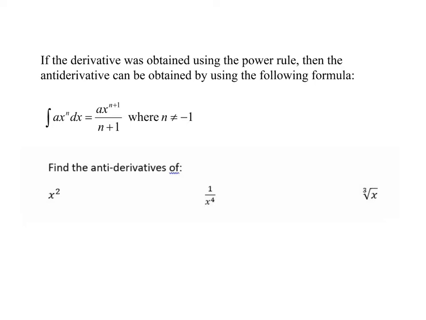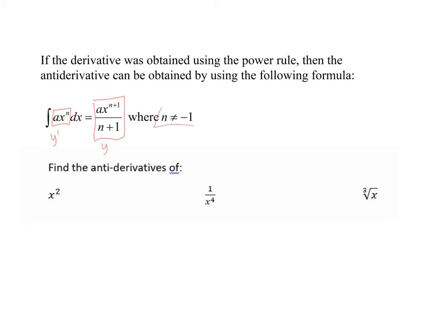The formula that's on your sheet is written in integral notation, but if you just look at this part, if that was our original derivative, then if we did the antiderivative of that, it would give us the formula. You can see it's just like our power rule formula, except we add 1 to the power, so it becomes n plus 1, and then we divide by whatever that new n plus 1 power is.